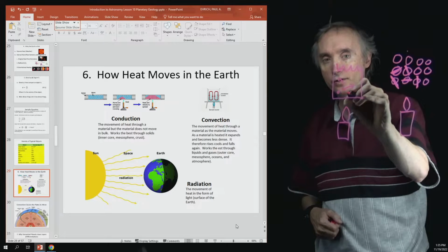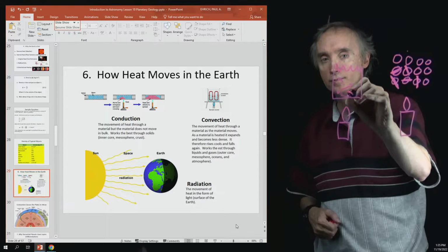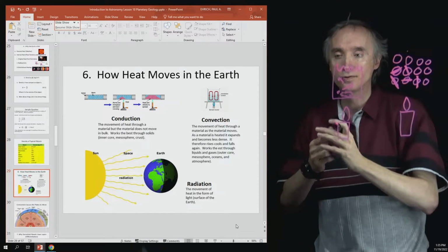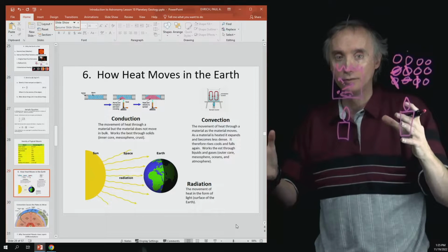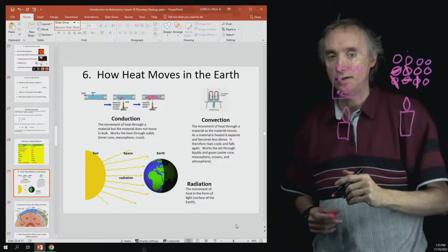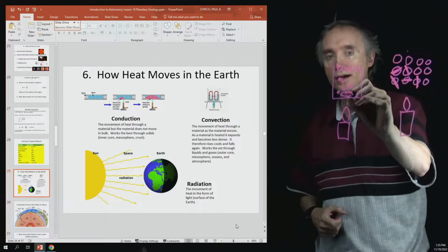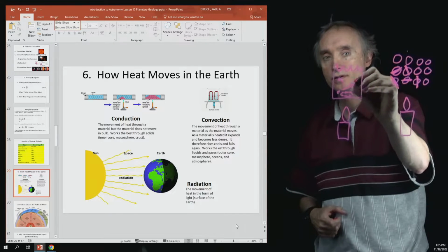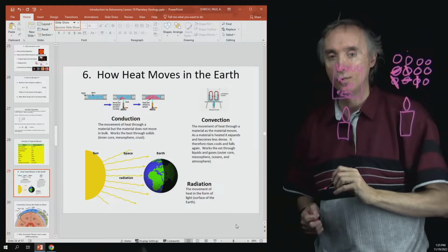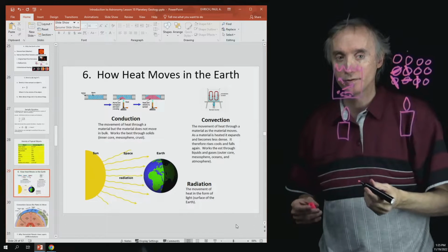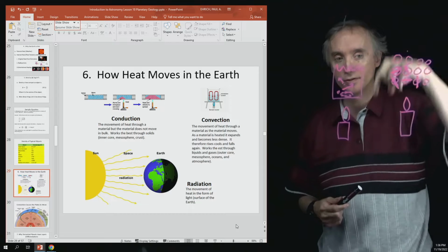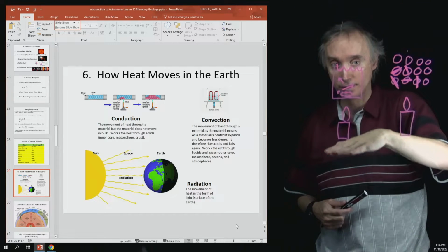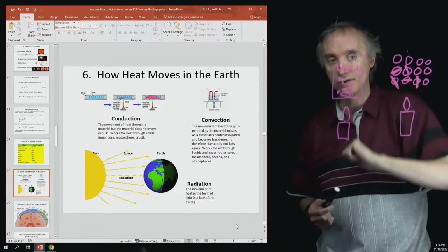Now this material down here at the bottom, because it's got more energy, the molecules are going to spread out a little bit more, and so the density of this material down here at the bottom is going to start to become less than the density of this material here. And what did we say about denser materials? The more dense the material is, the more it wants to go down. The lighter materials, the less dense materials, want to float on top of them.